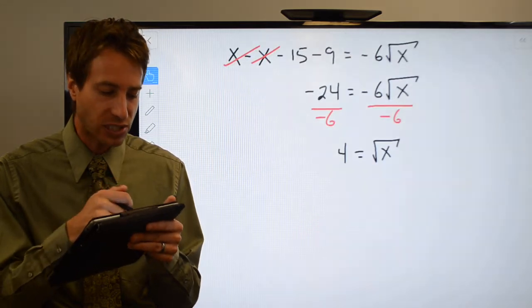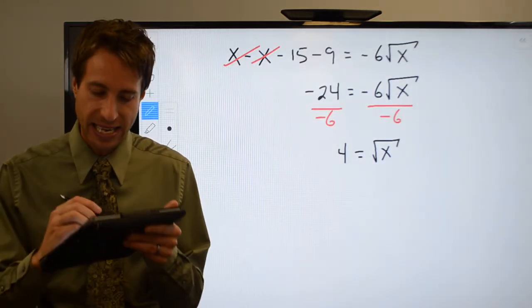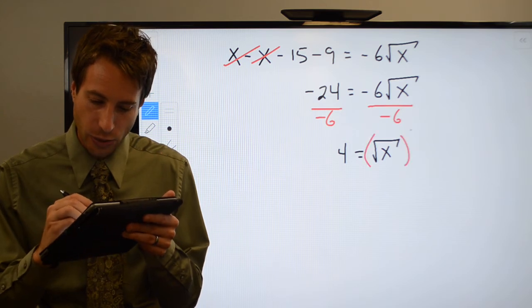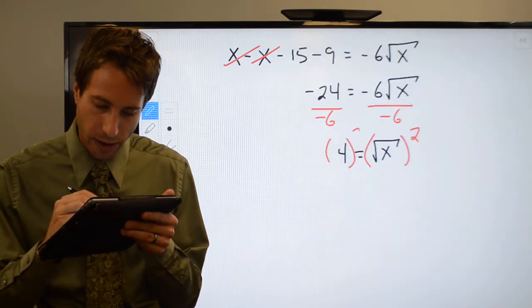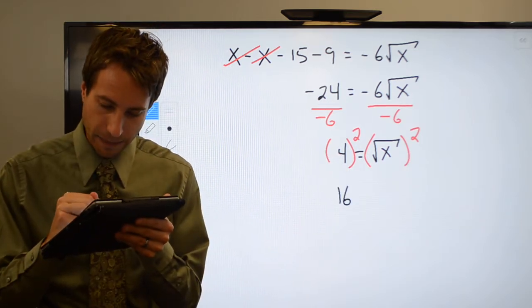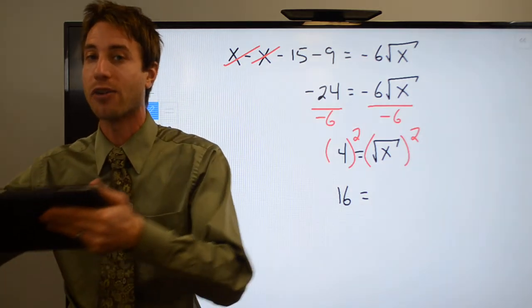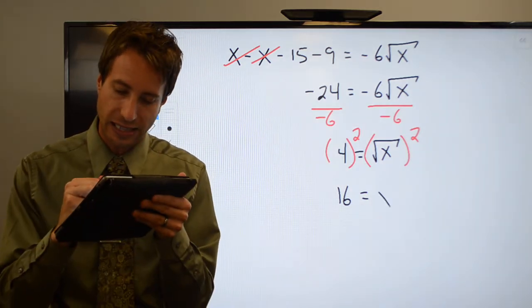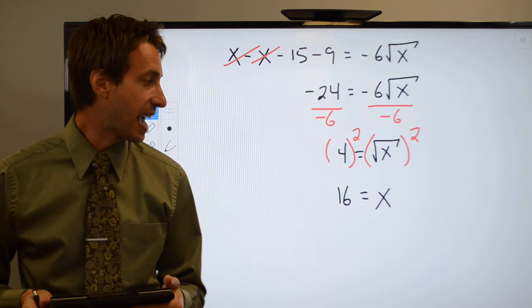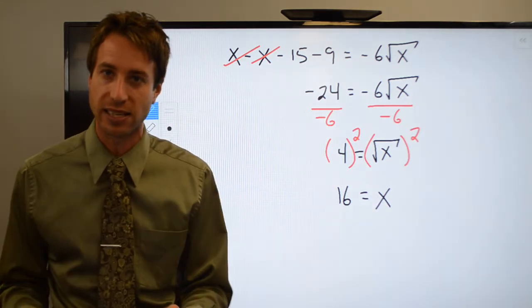Well, raise both sides to the same power, or the power that's the same as the index. Since my index is a 2, we will square both sides. 4 squared is 16. The square root of x squared, the index and the power are the same. They cancel each other out, leaves me with just an x. So I get x is equal to 16, or 16 is equal to x.